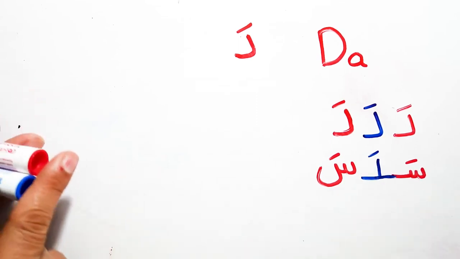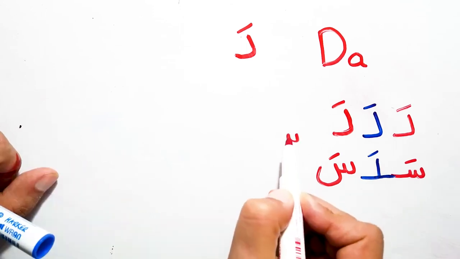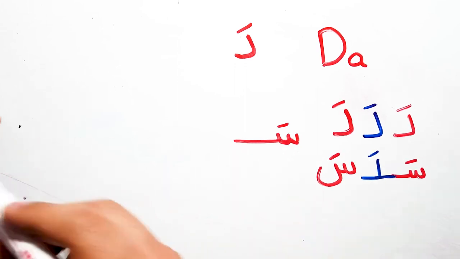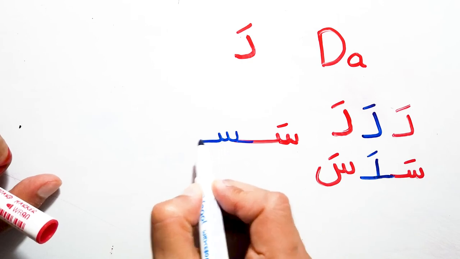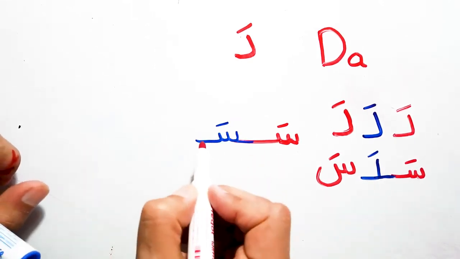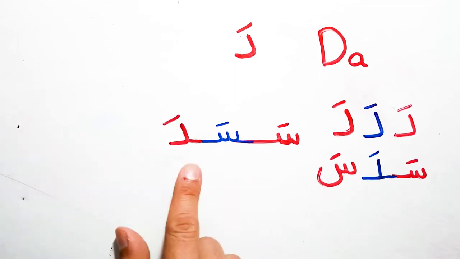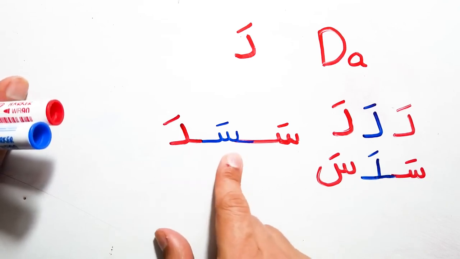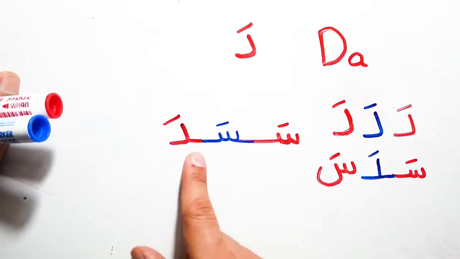Let's write another word, which is se se da. So this is the shape of da in the end of the word when the previous letter is not a refusal letter. So, se, de.